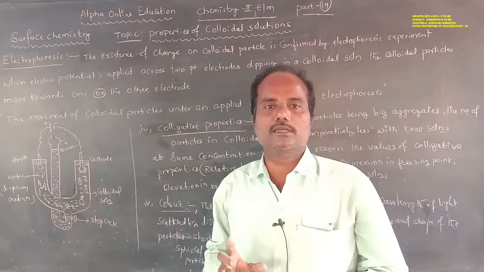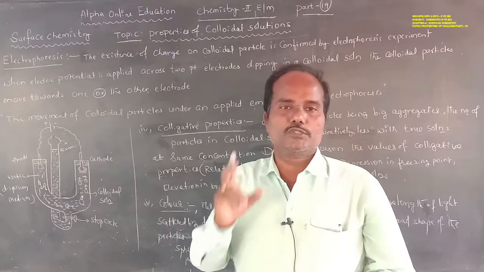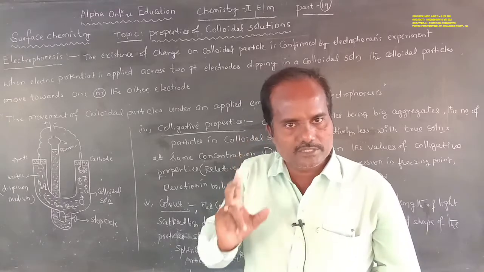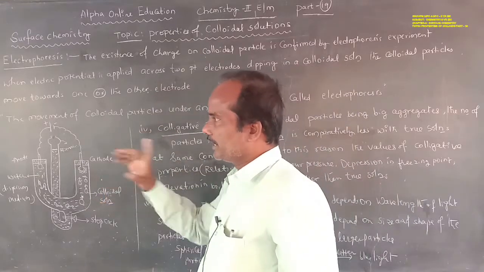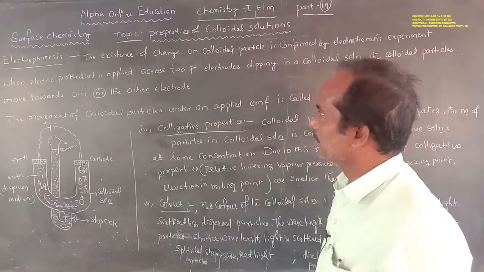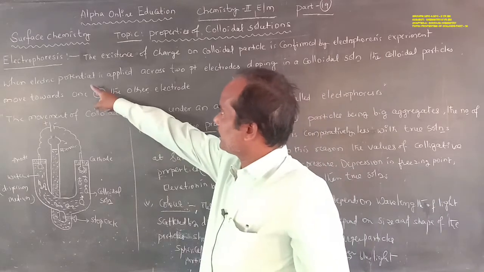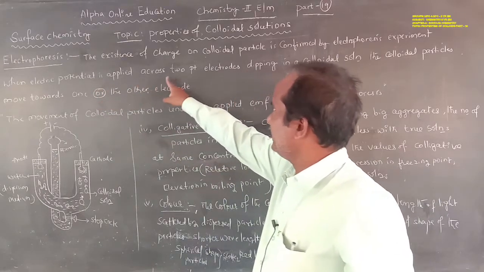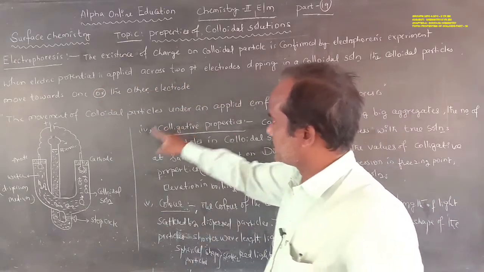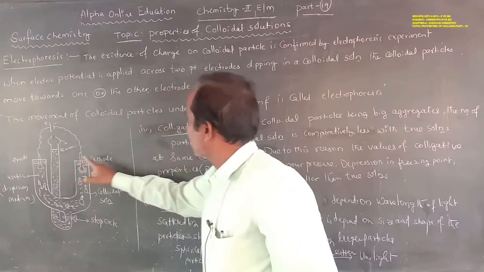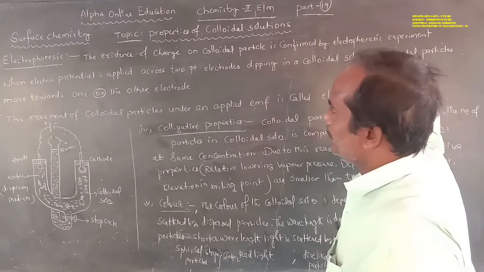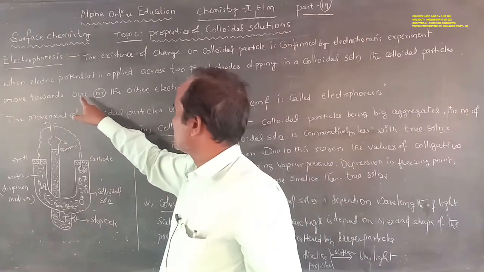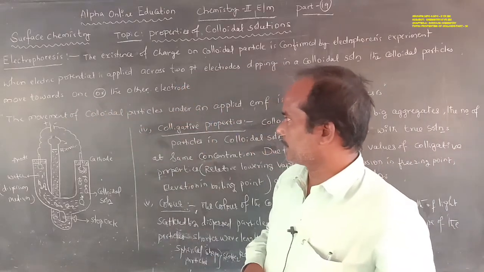Colloidal particles are charged particles, and this is confirmed by the electrophoresis experiment. When an electric potential is applied across two platinum electrodes dipped in a colloidal solution, the colloidal particles move towards one or the other electrode.